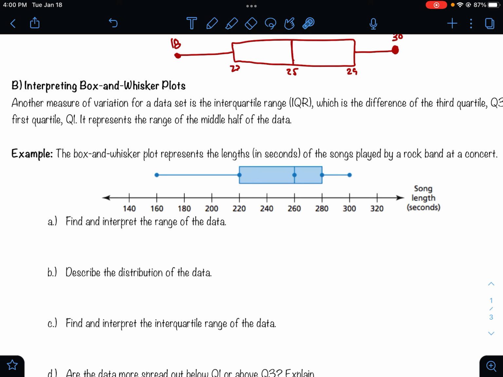The shortest song is 160 seconds. So when it asks you to find the range of your data, the range is simply just the biggest number, which is 300 in this case, and 160, which is the smallest number in this case, and then you just find the difference. So 300 minus 160 is 140. The range of my data here is 140 seconds.